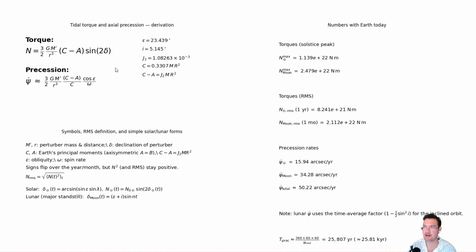In particular, the precession is dominated by the radius cubed. That's why the near side and far side can have different forces torquing the planet. But also this J2 term, and that's something I know most of you haven't heard of.